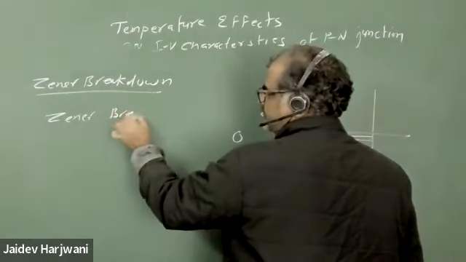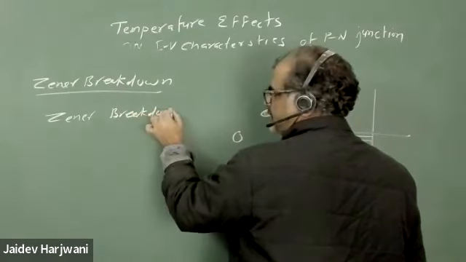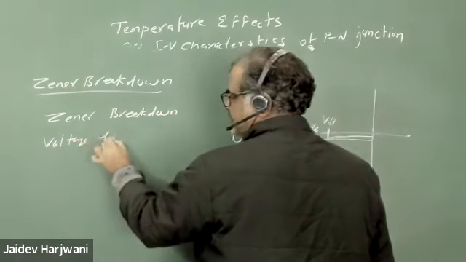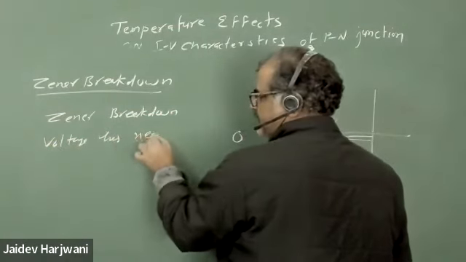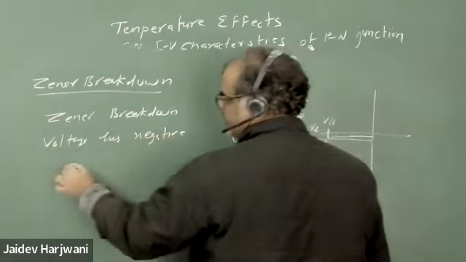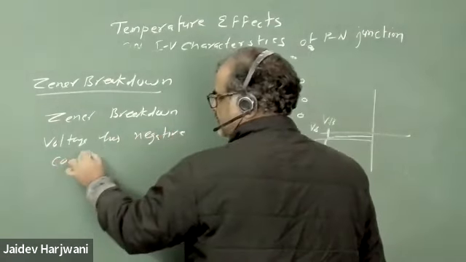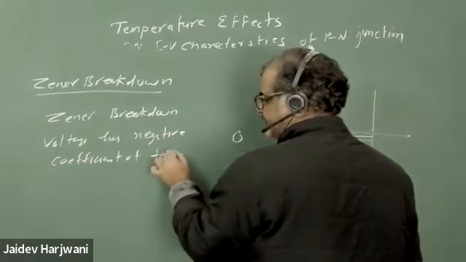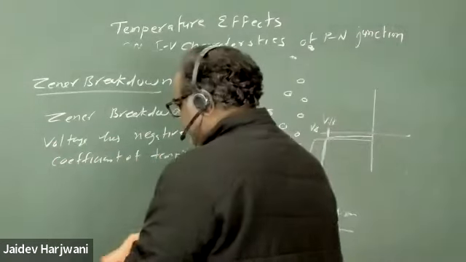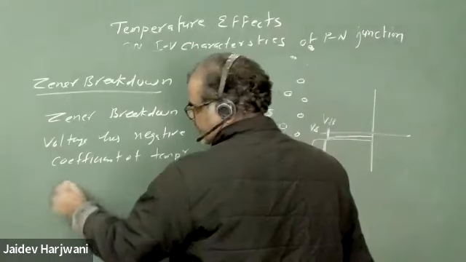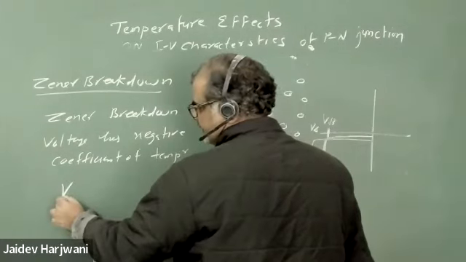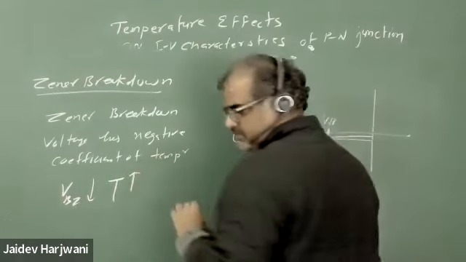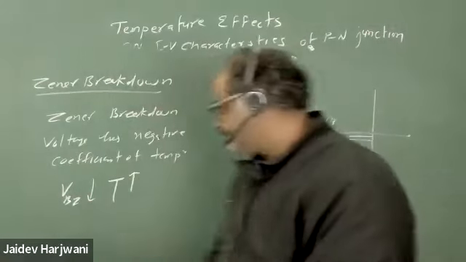Zener breakdown voltage has a negative coefficient of temperature. That means the Zener breakdown voltage, say BV, decreases with an increase in temperature. Now why does it happen so?